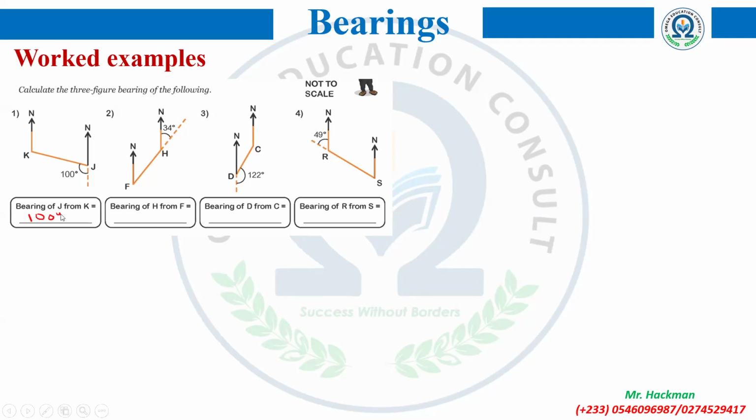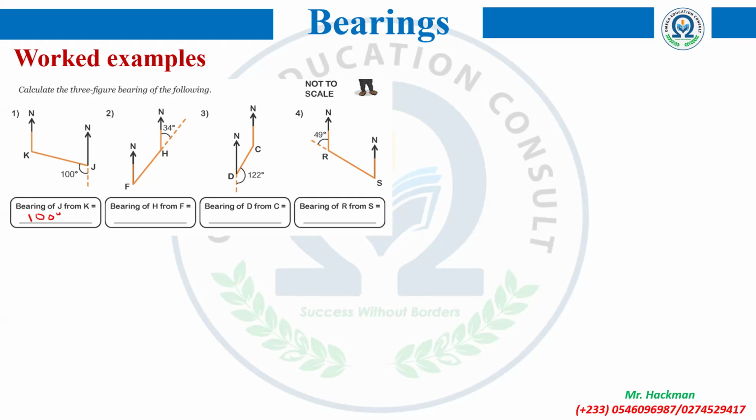So remember I just said, anytime you're asked to find the bearing, it is an angle, and angles are formed between two lines. So you should know your lines under consideration. Automatically, one of the lines will be your true north because that is your reference line.